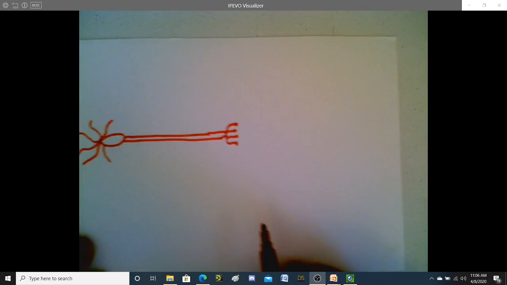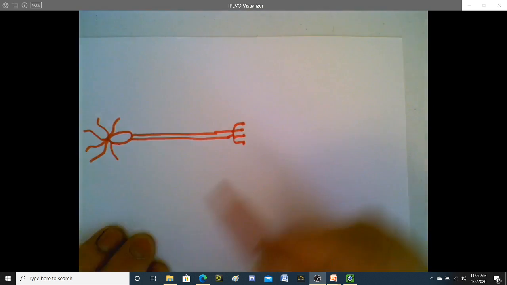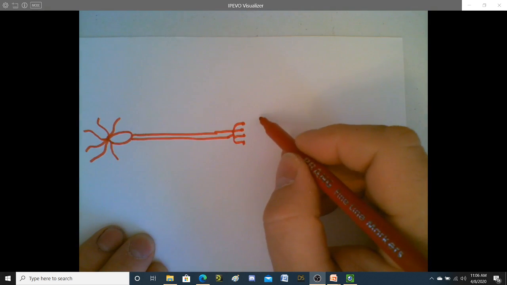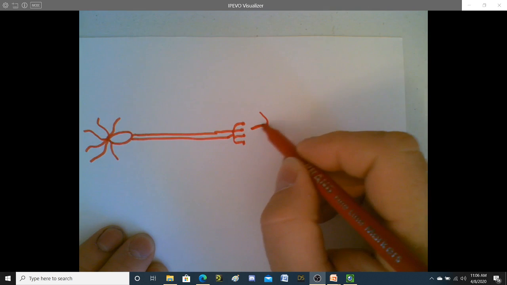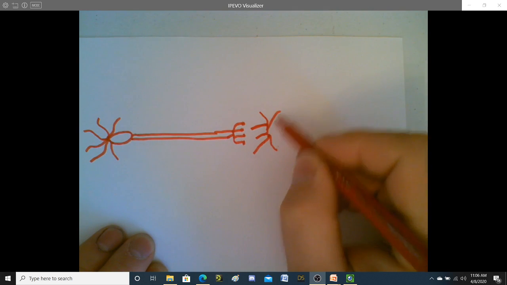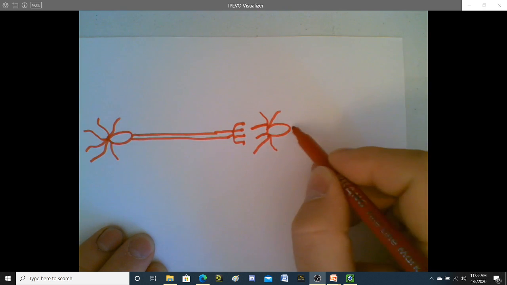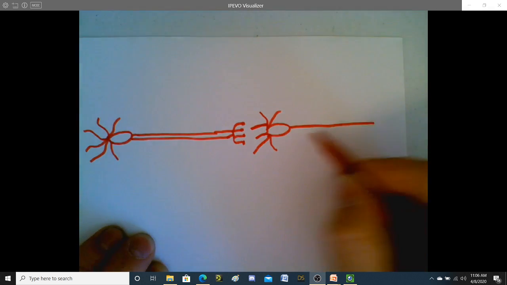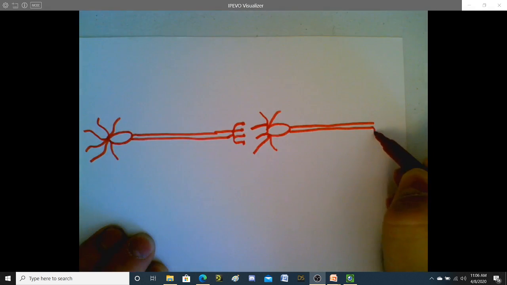Another neuron is going to be located right next to it. So here are the dendrites of our next neuron with its axon.